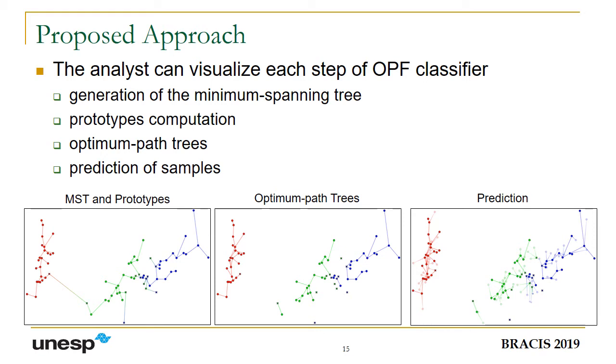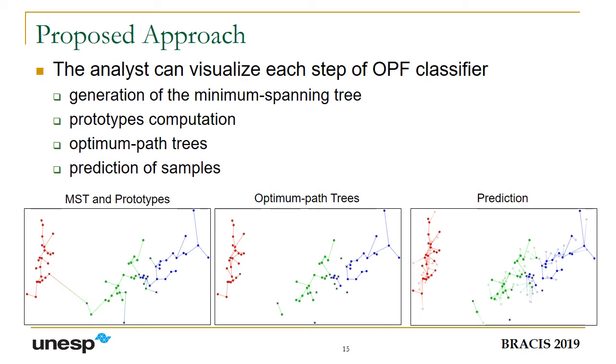We are showing here the training dataset at the left, at the middle, and here at the right we are showing the training dataset and the test dataset in transparent way. The opaque is the training dataset, and the transparency was used to show overlapping of the test dataset. And we can see here the classification step.